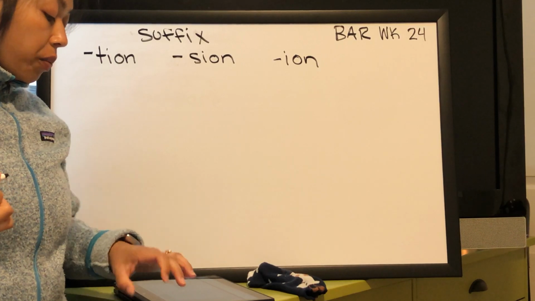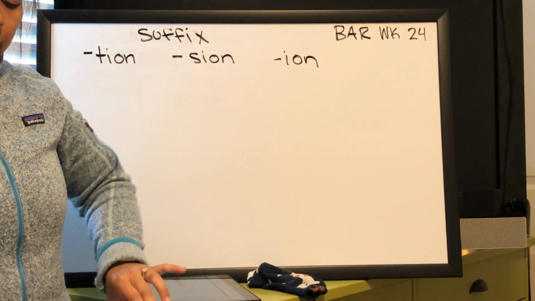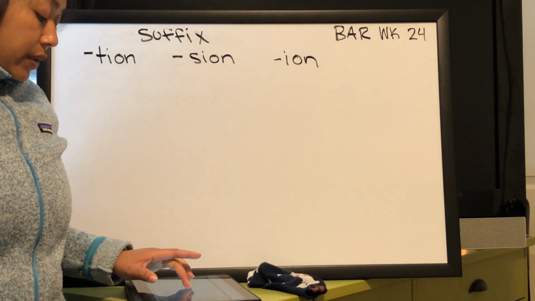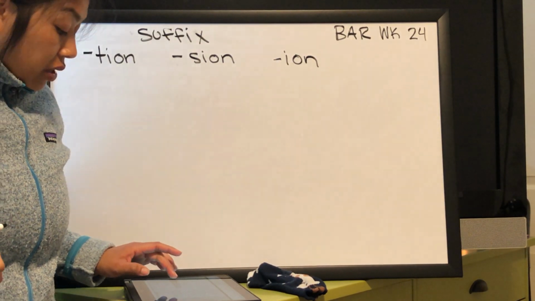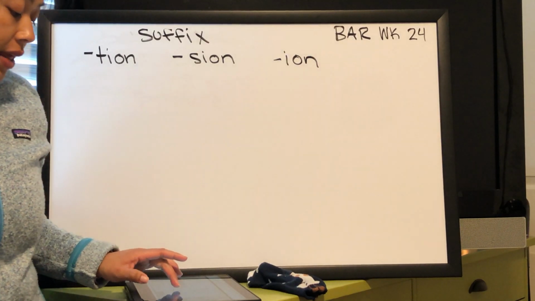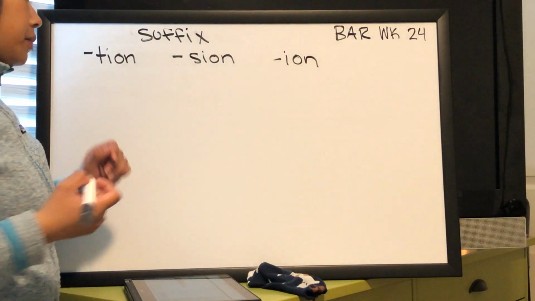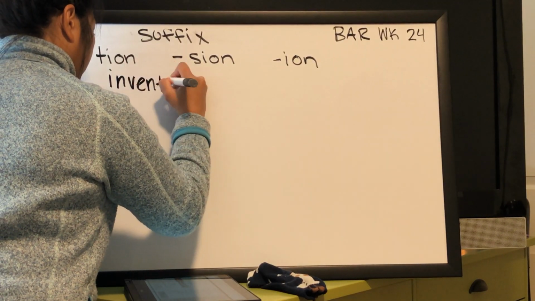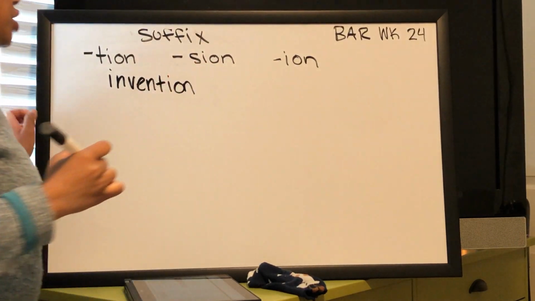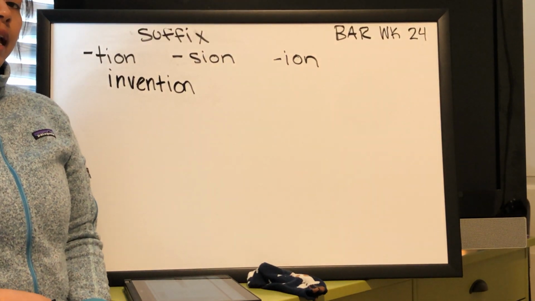Now, when you open up that resource labeled week 24, lesson 2, you are going to be getting a set of words. Let's go over one of the words that are in that resource, invention. Invention, spelled I-N-V-E-N-T-I-O-N.